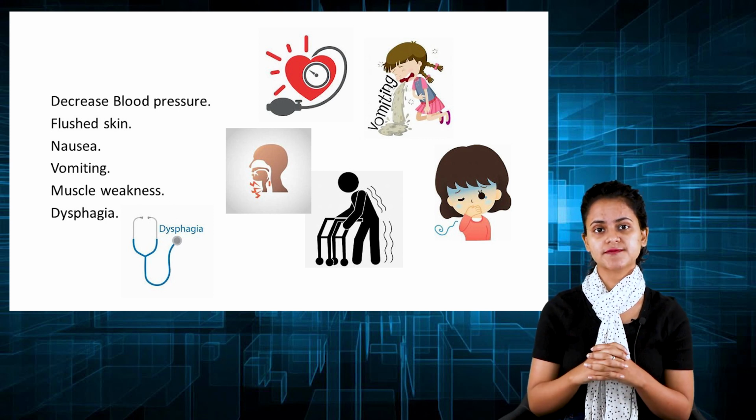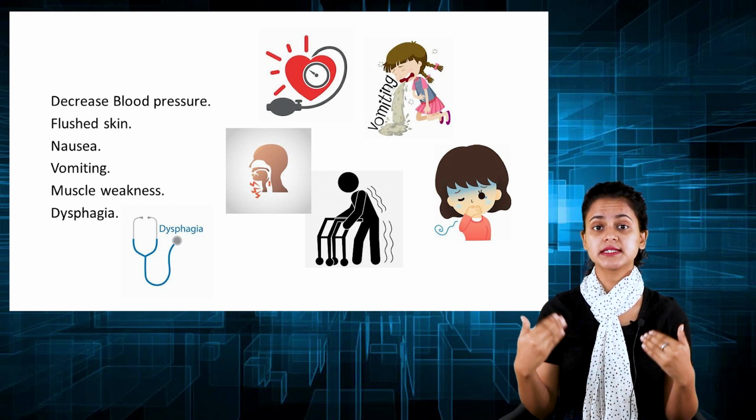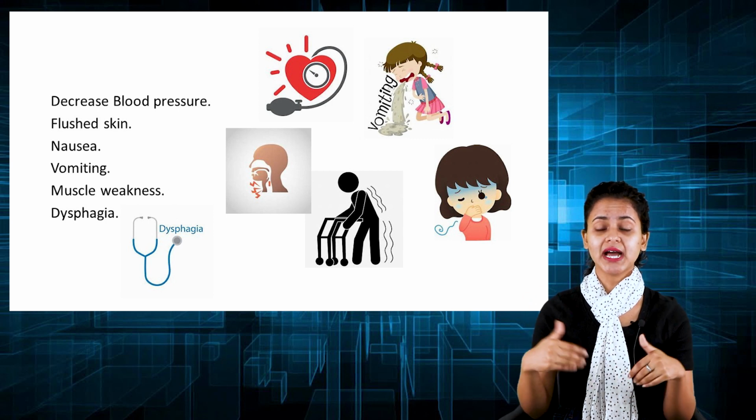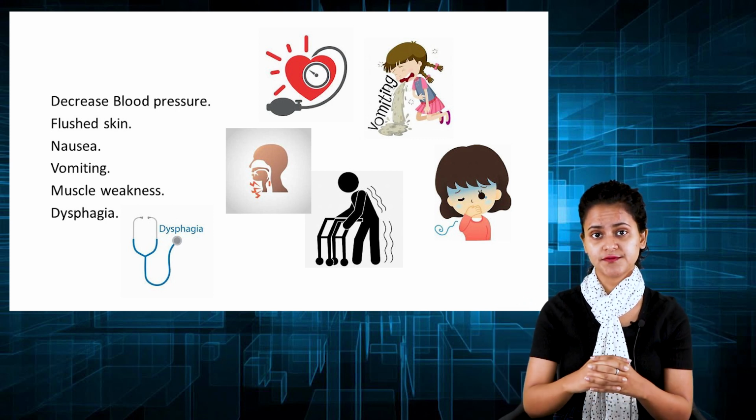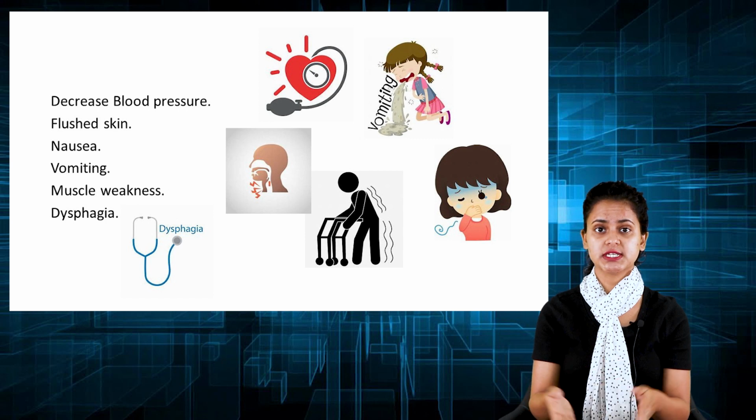Dysphagia here suggests difficulty in swallowing. So a client will complain about difficulty in swallowing associated with this condition at a very early stage. I hope till here we have learned about the common and probable etiological factors, as well as the most commonly associated clinical manifestations of hypermagnesemia.